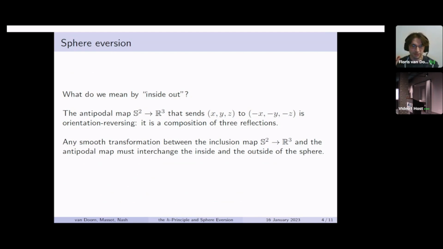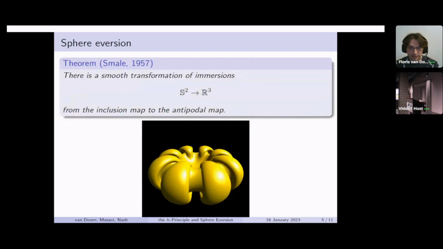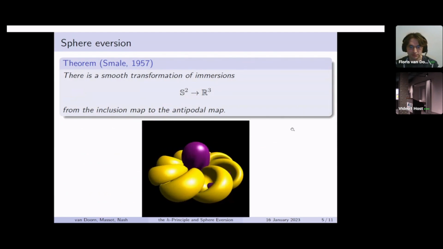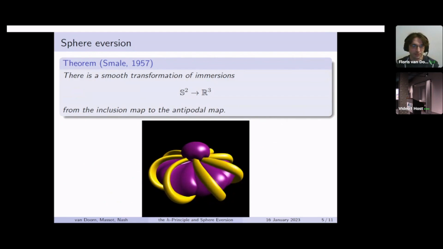We can make that mathematically precise if we thicken the sphere by taking the product with a small interval. But this gives us a nice formulation of sphere eversion. And here you can see, hopefully, an animation of the sphere actually being inverted. So the answer is yes, we can invert a sphere.